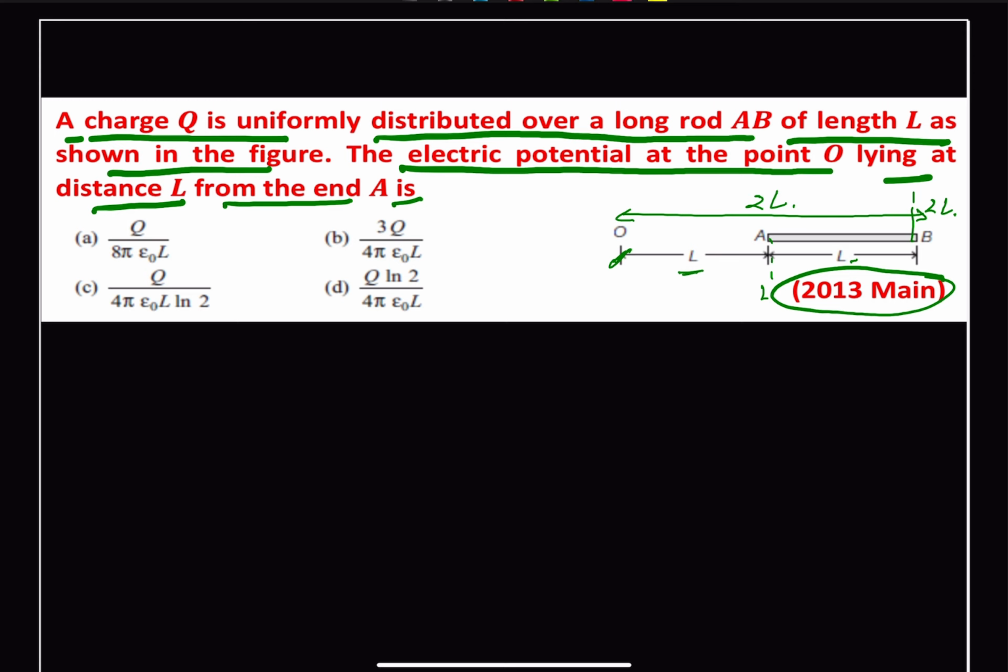So let us assume that we have taken a small portion of this rod whose length is our dx. This is our A and B, and this is our point O, and this dx is at a distance of x.